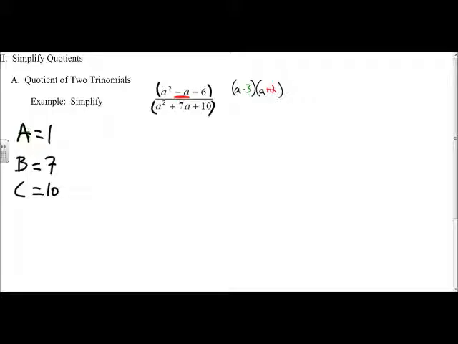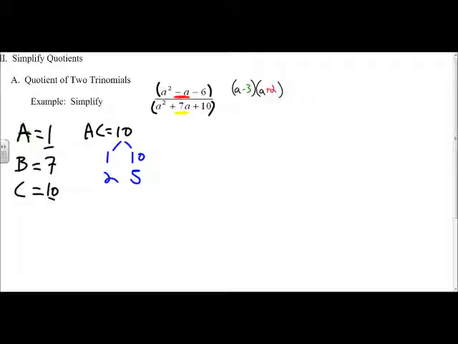So again, we'll go through our AC method like we've done before. A times C is 1 times 10, which gives us 10. And since it's positive, either both factors are positive or both are negative. The factors of 10 are going to be 1 and 10, or 2 and 5. And in this case, what we want them to add up to is B, which is positive 7.